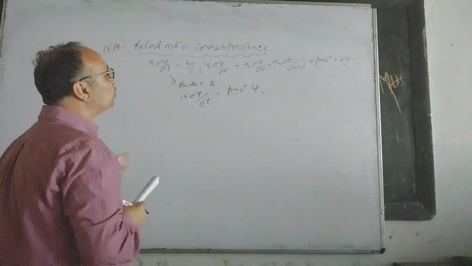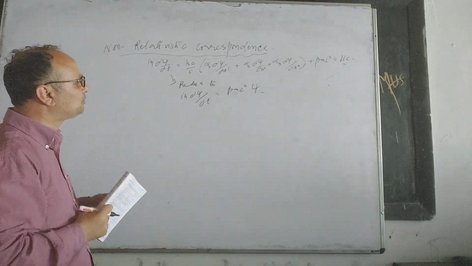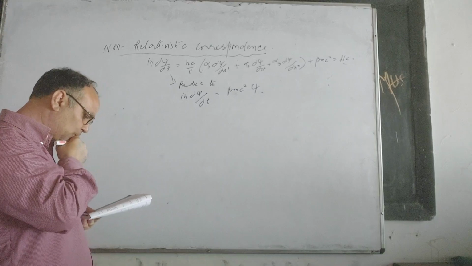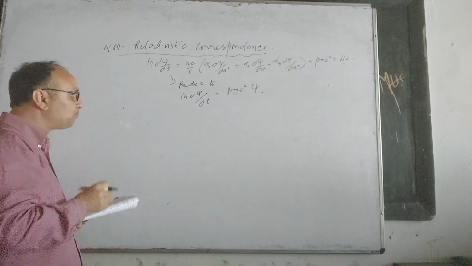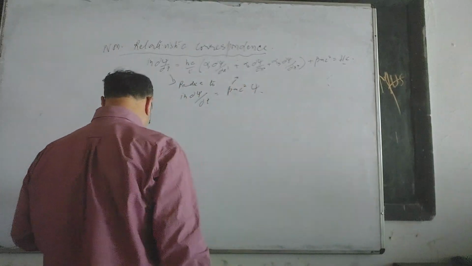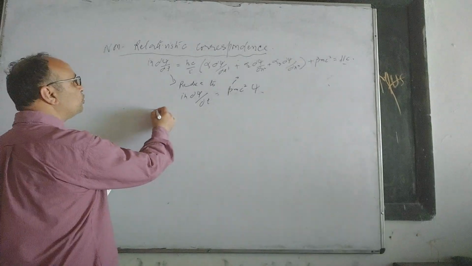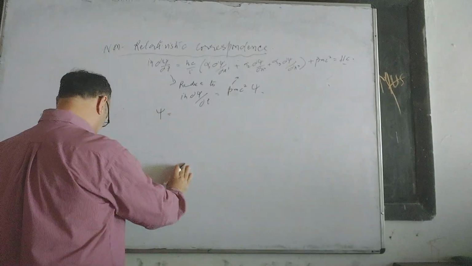And since our de Broglie wavelength is very large and it exists for all space, for a particular value of this beta, there can be four solutions. The solutions will come as psi 1.